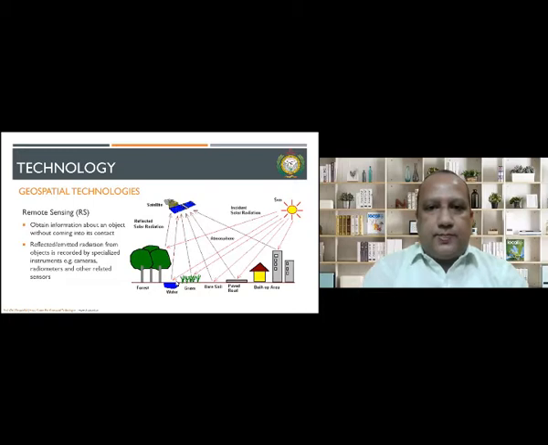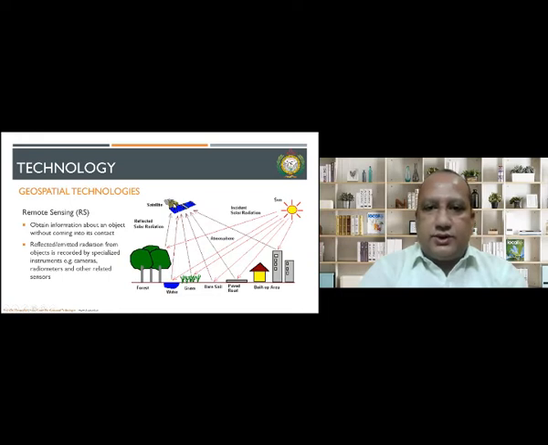So most of the energy that we are talking about comes from the sun. It enters our atmosphere, and then it strikes all the objects which are present on the surface of the earth, and then it's reflected back, and those reflected or emitted radiations are recorded by various sensors.